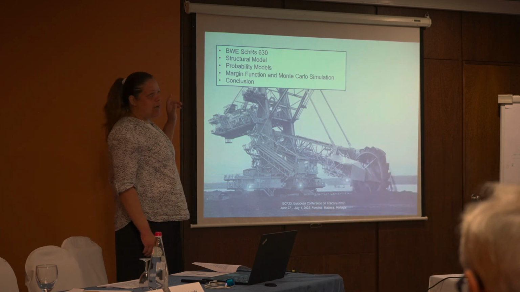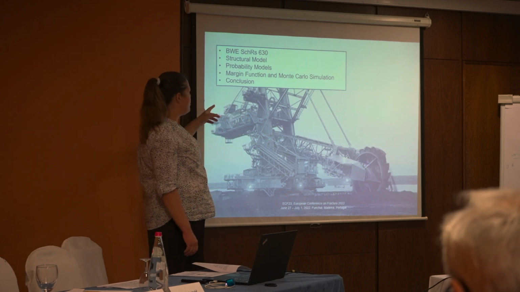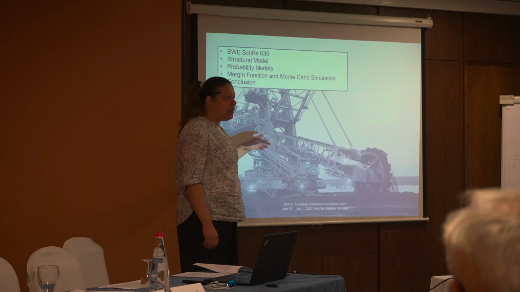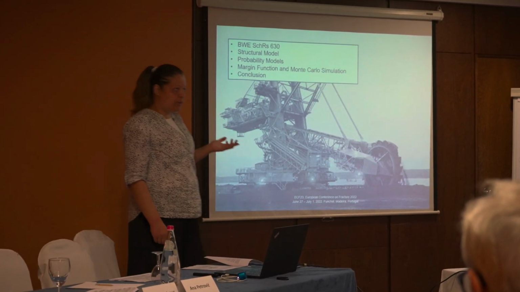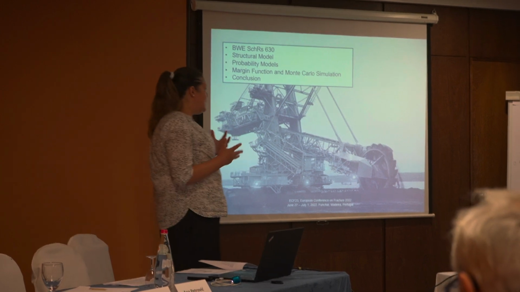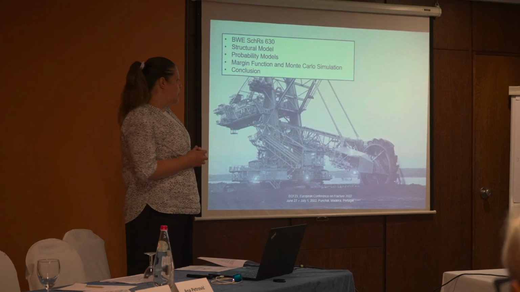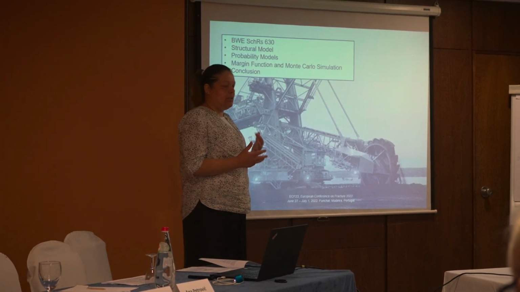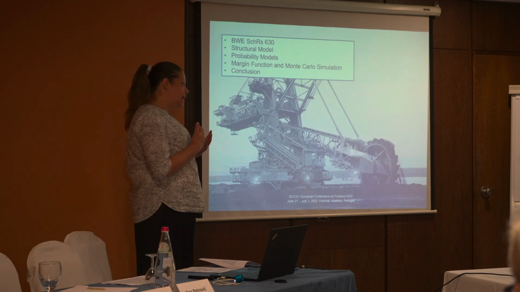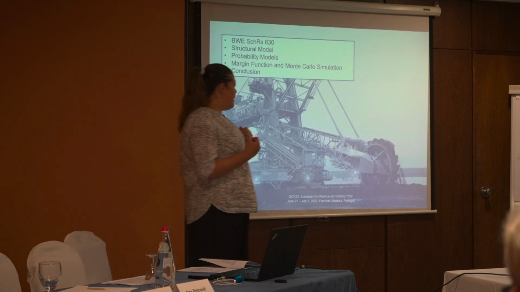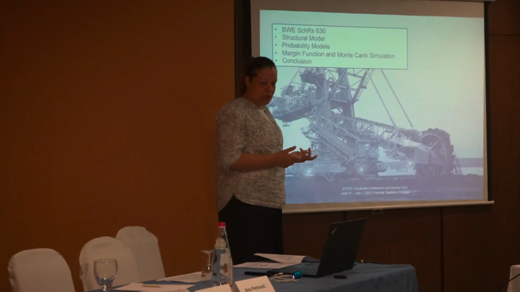In the first place, I will introduce you to this construction. This is a bucket wheel excavator. It's the first machine in the chain of coal production. So it is very important for this construction not to fail, because there is a double cost: the cost of reparation and the cost of lesser production in the whole chain.